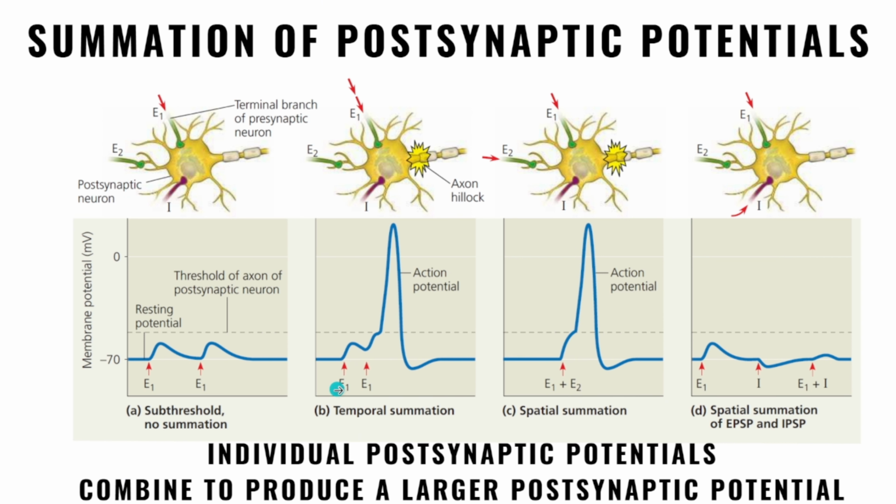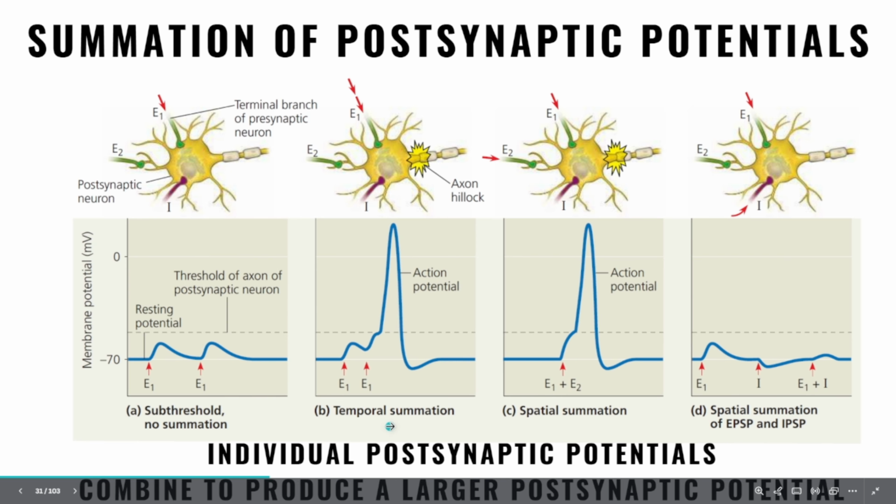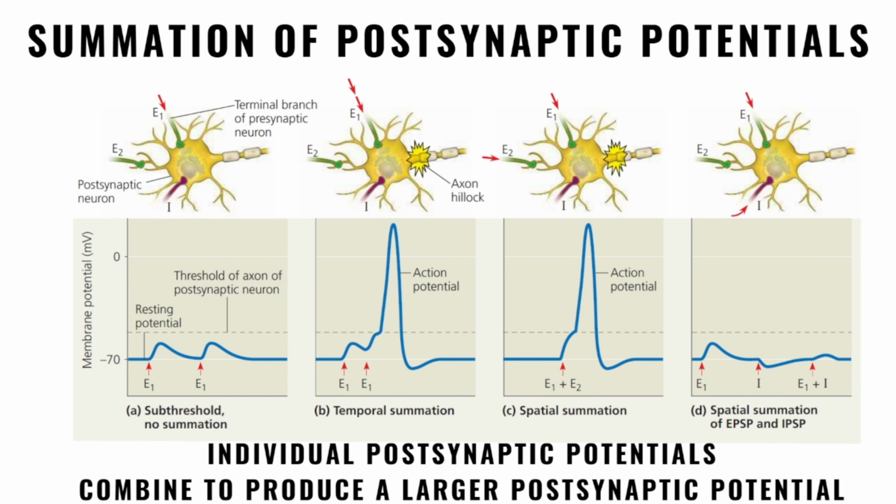But for temporal summation, it means two EPSPs occur rapidly at a single synapse. This happens within a very short period, for example at the first second. After 10 seconds, E1 still contributes, but very low.